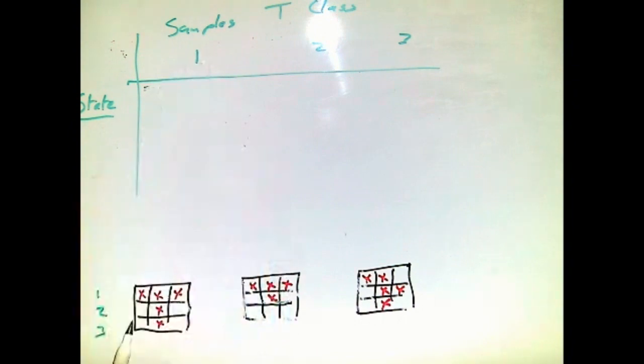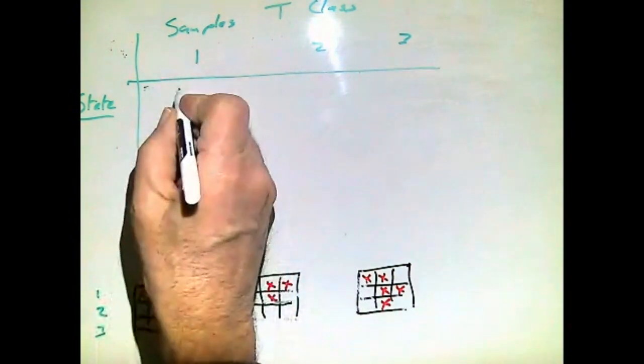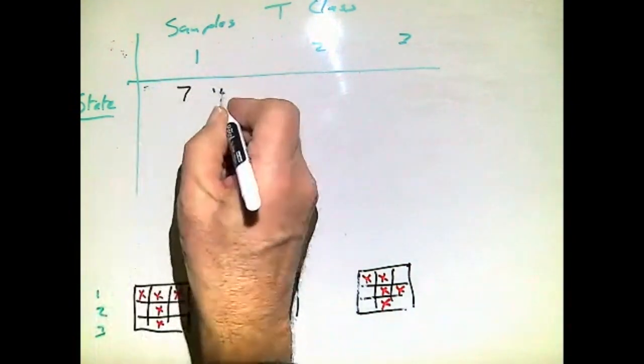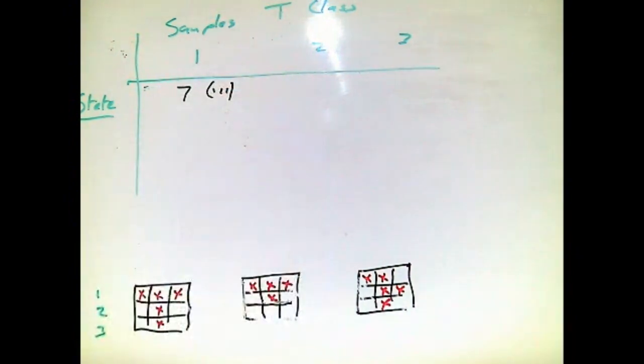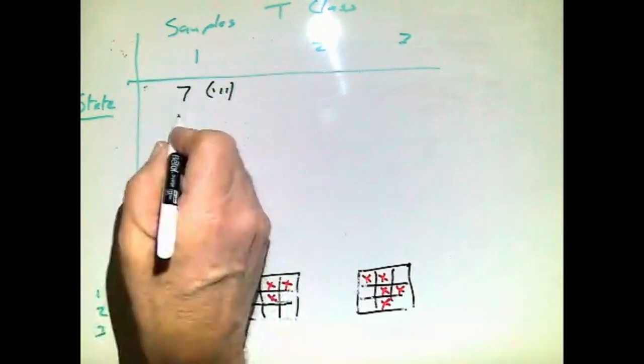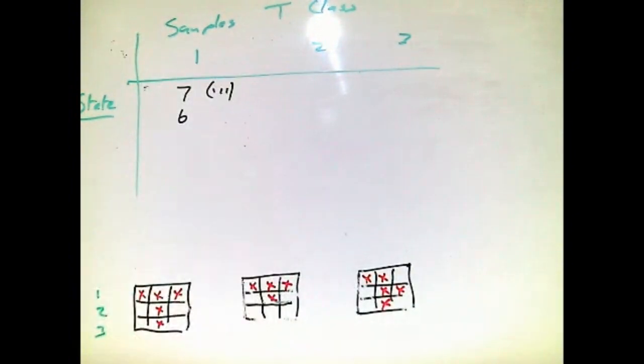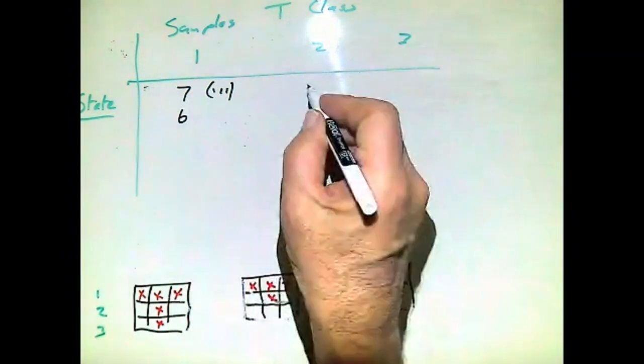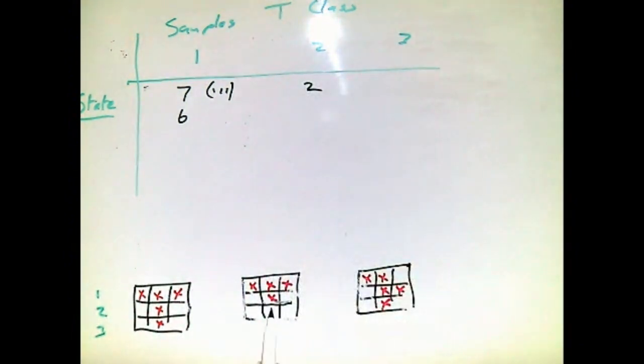For pattern sample 1, the top row 111, let's call it 7, which is 111. Easy to write decimal. For the second training pattern, yes, I'm expecting 7. But the third training pattern, I'm expecting 6. For the second sample, which is the middle row, I'm expecting 2, and 2 again.